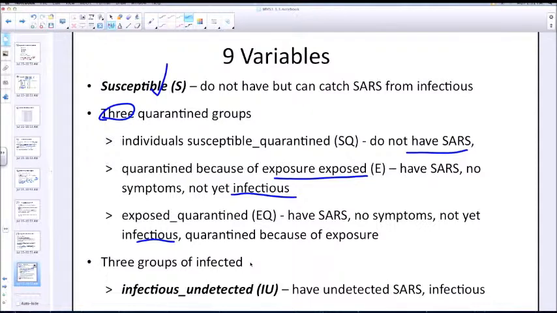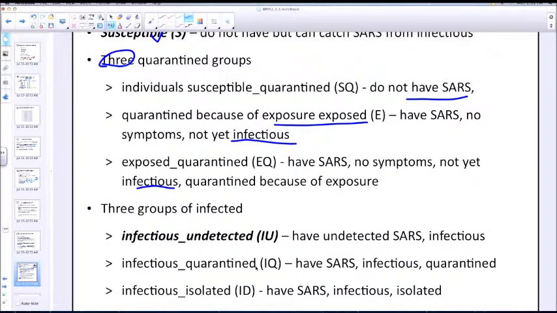So even in the quarantined group, there are 3 subgroups. One is with no disease, another one is those who have the SARS but are not yet infectious. The third one has the disease and is also infectious.